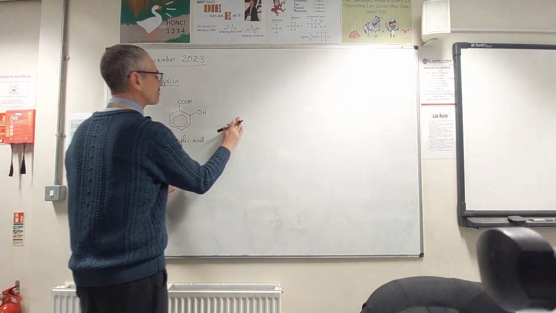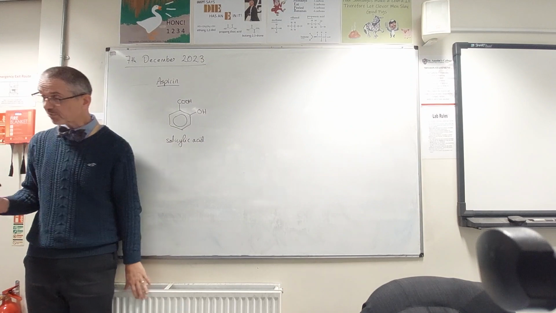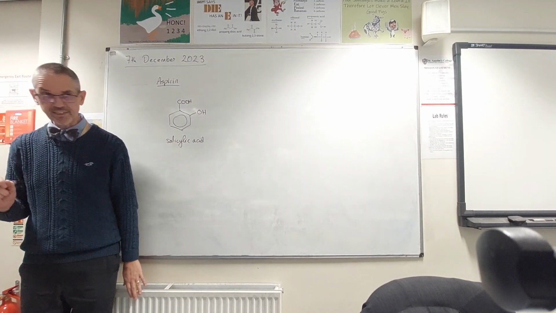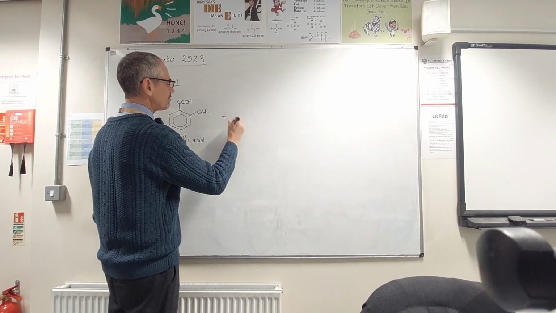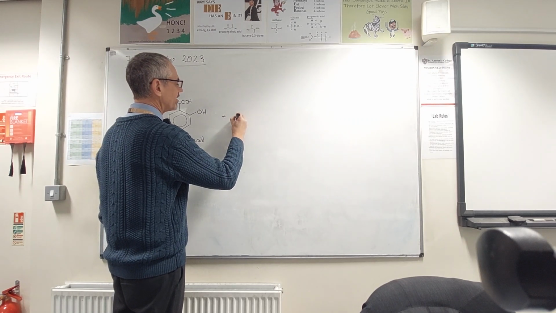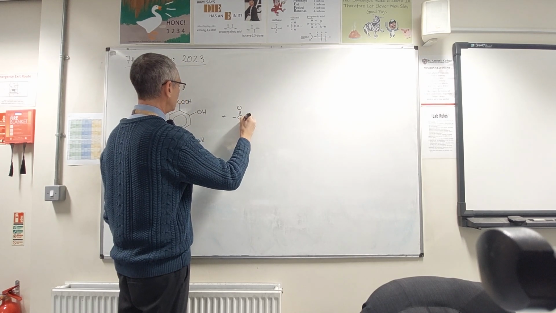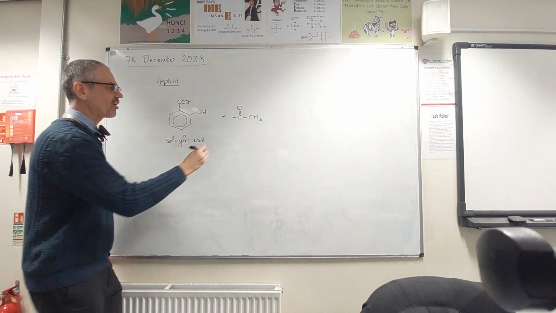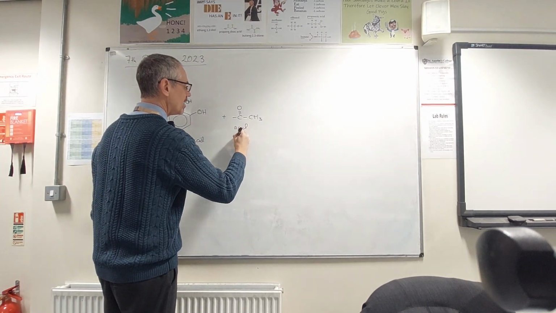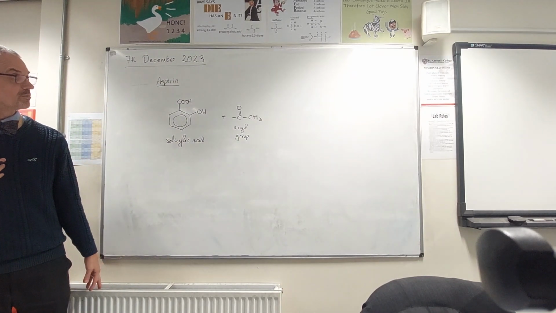Salicylic acid. In order to make aspirin, we start with salicylic acid, which, by the way, is found naturally in willow bark. And we add to that my acyl group. There it is, my acyl group.